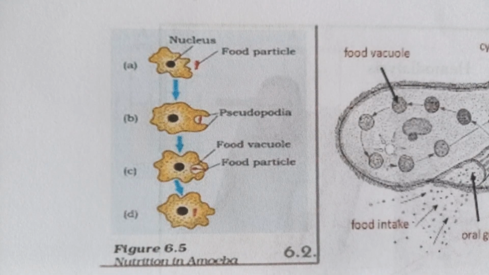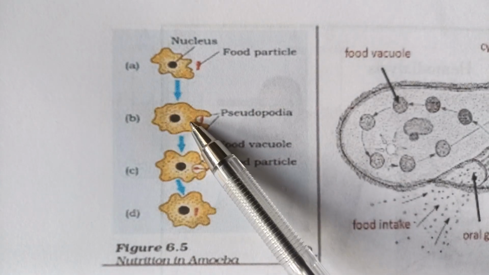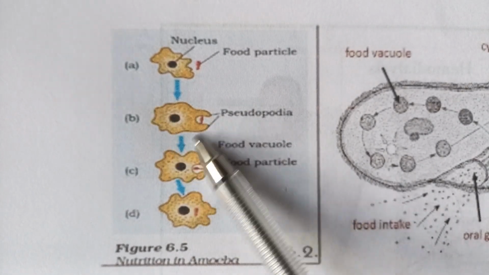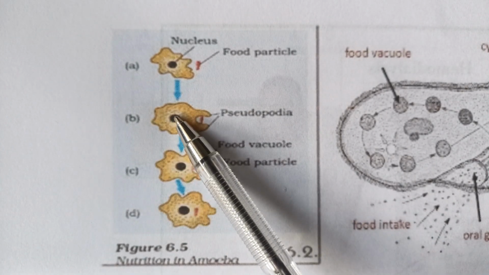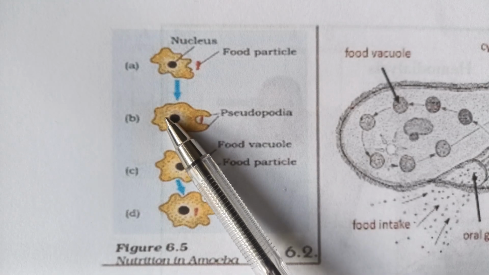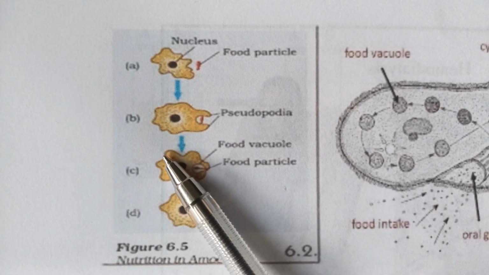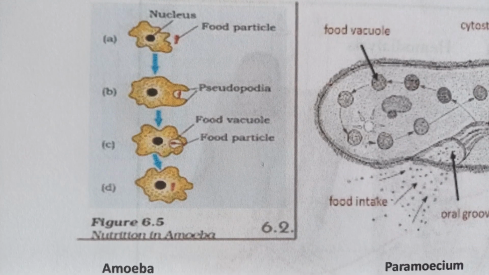So food is taken inside from the entire surface. It can go in from any side and enter into the cell. But as cells become complex, the organism develops specialized systems to perform different functions.